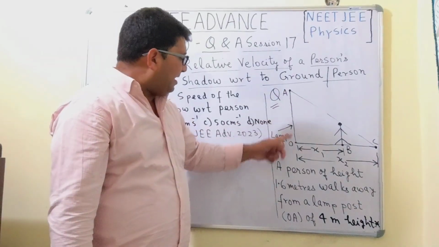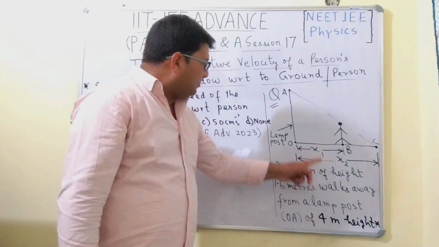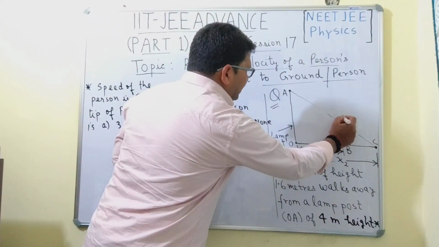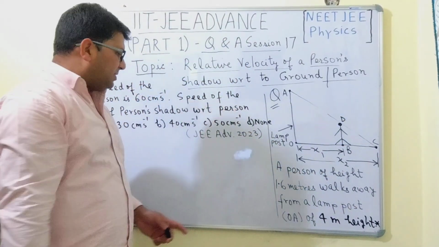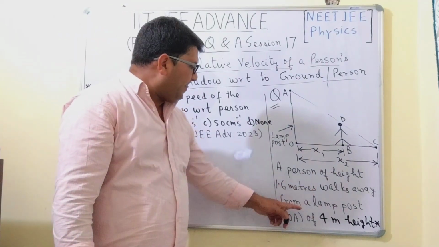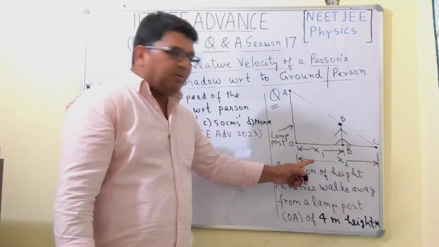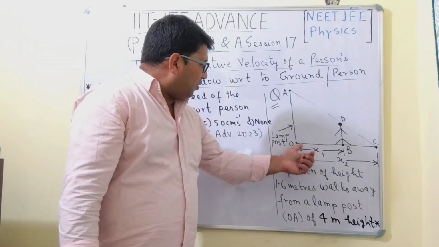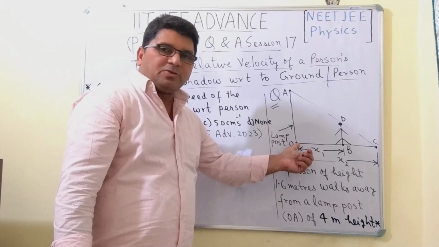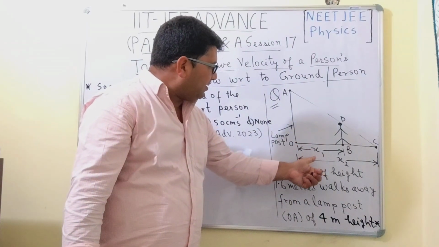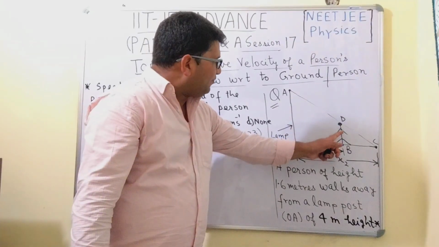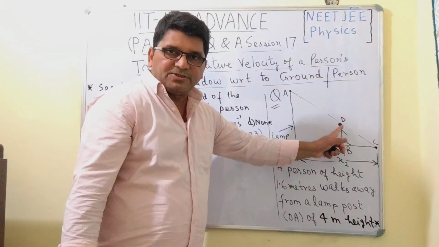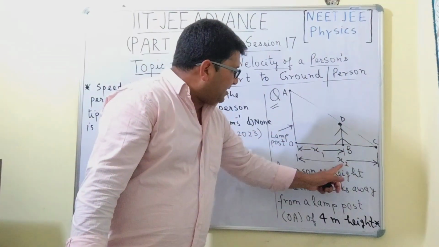Here OA is the lamppost of height 4 meter, and let us say this is D. BD is the person of height 1.6 meter, and at any moment of time the distance of this person from the foot of the lamppost is taken as x1, and the distance of the shadow of the tip of this person is taken as x2.